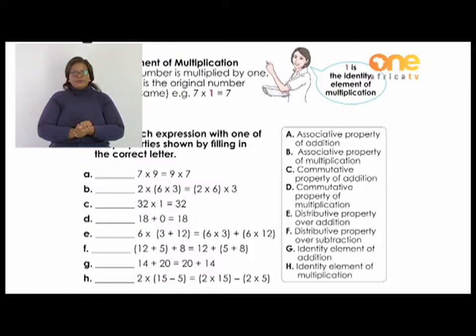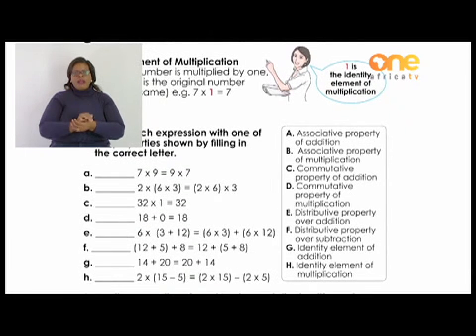We continue with the identity elements, but this time it is for multiplication. When any number is multiplied by 1, the product is the original number, meaning it stays the same. If you just go through the sentence which I just read now, you can see that there is a word product.